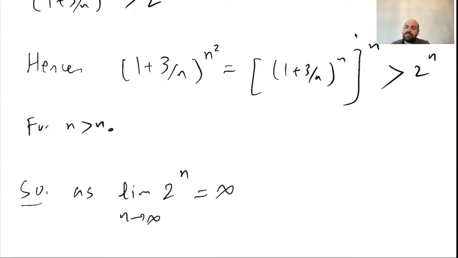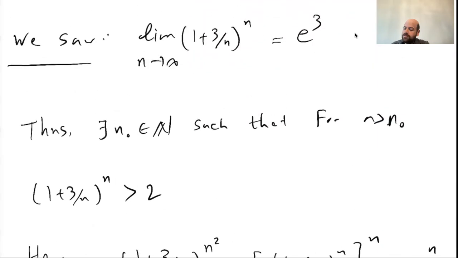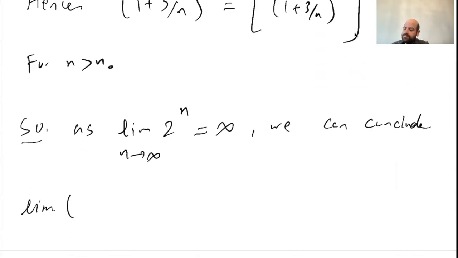So a number bigger than infinity must definitely be infinity as well. As this limit is infinity, we can conclude that the limit of 1 plus 3 over n to the power n squared as n goes to infinity is equal to infinity.